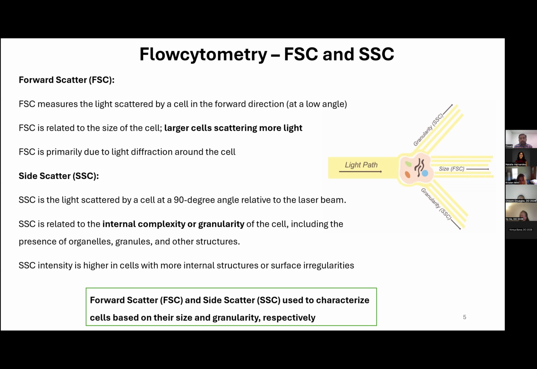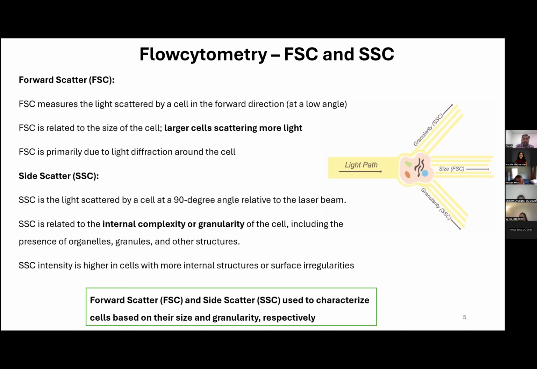If the cells contain too many granules inside, for example a cell with too many mitochondria or too much endoplasmic reticulum, that granularity information will be given by side scattering, which includes the presence or density of organelles, granules, and other structures.